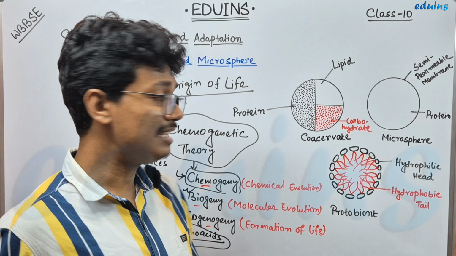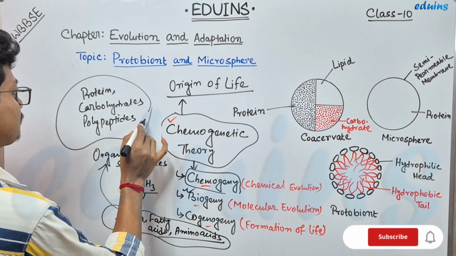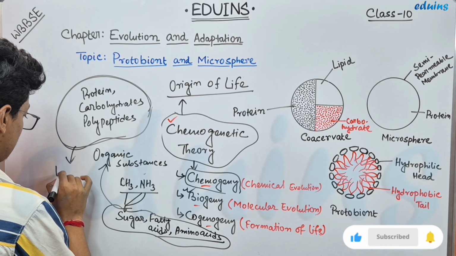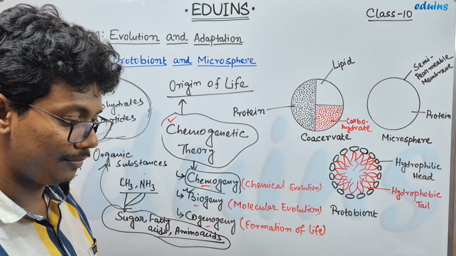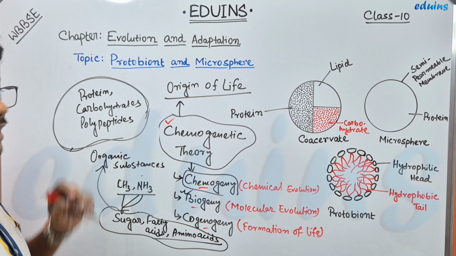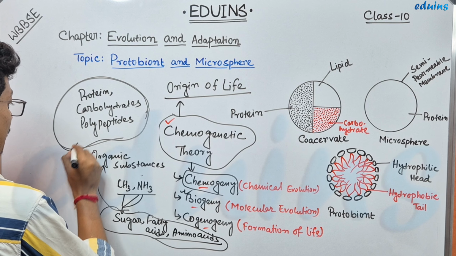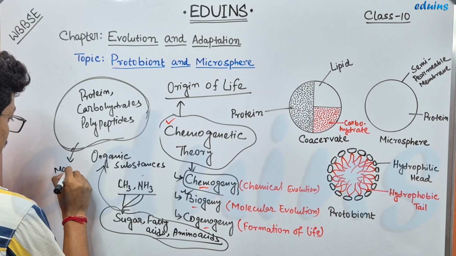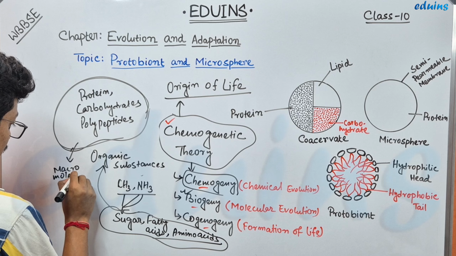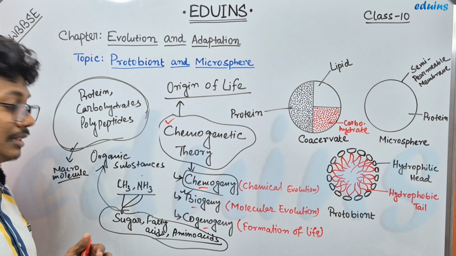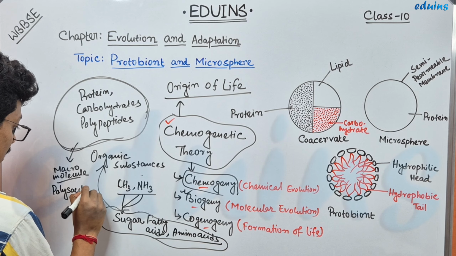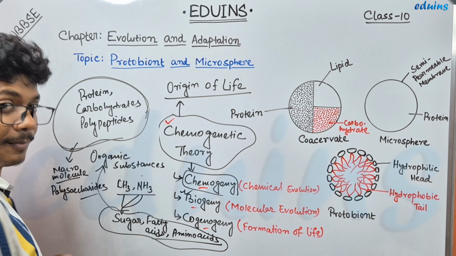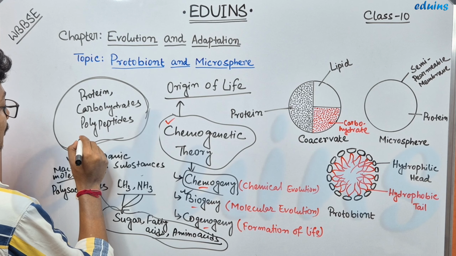These organic substances form life, that is the cogenogeny. These organic compounds further form macromolecules, like polysaccharides, and also micromolecules like nucleotides.